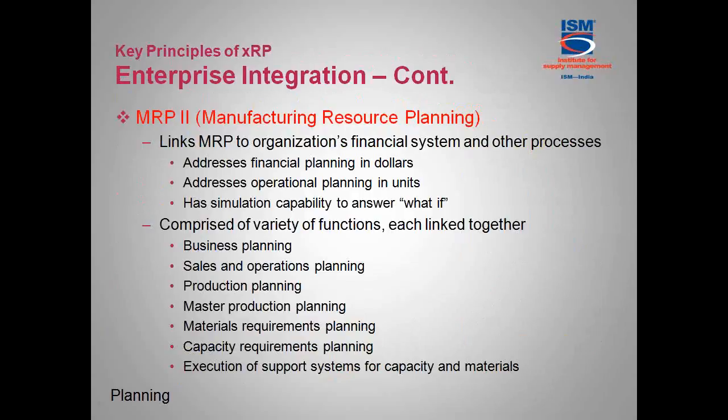On the basis of their volume level forecast, the operation people talk about whether they have the capacity or not. And then they talk to the purchase people about whether this particular raw material is available or not. If it is not available, then what are the alternate resources?